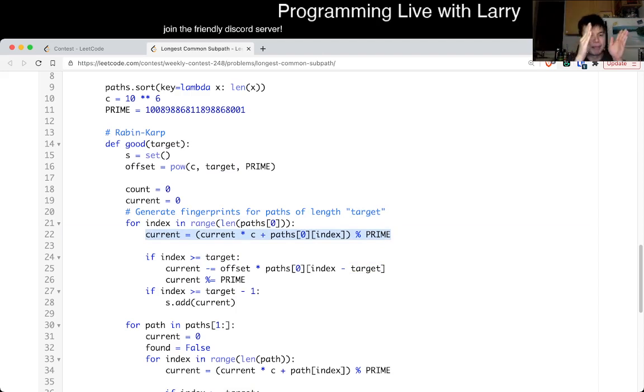You basically keep a rolling hash: you hash the substring, and then you shift it over by 1, and then you hash that, and so forth. If you do it naively, it's going to be really slow, but the point of Rabin-Karp is that you can think about it as shifting in 1 digit at a time, and then chopping off 1 digit at a time. And that's basically it.